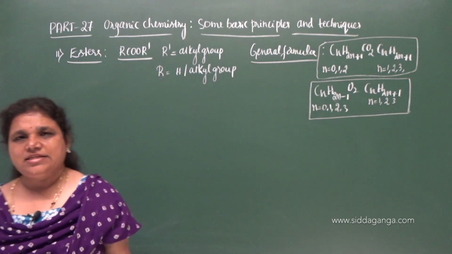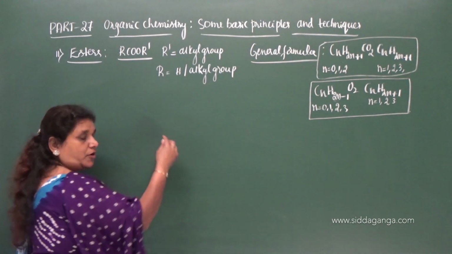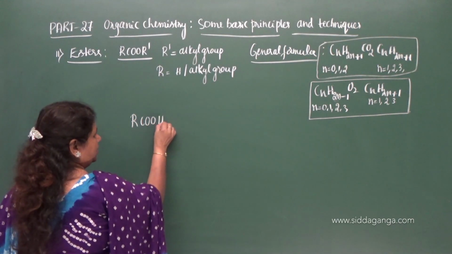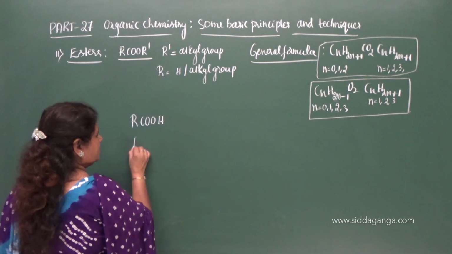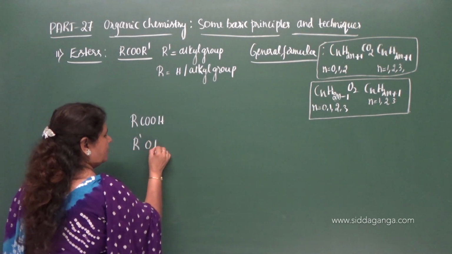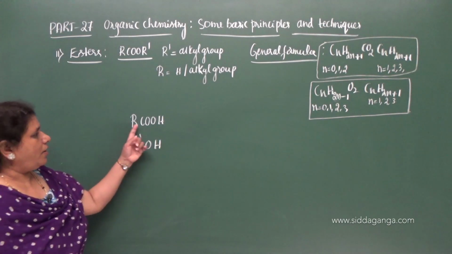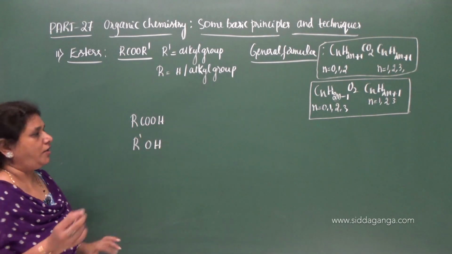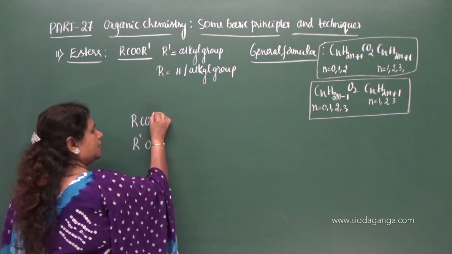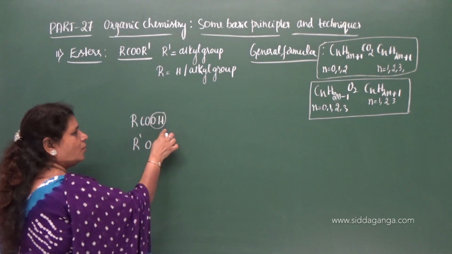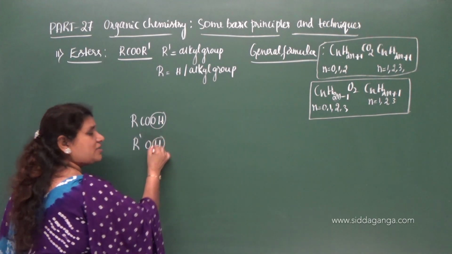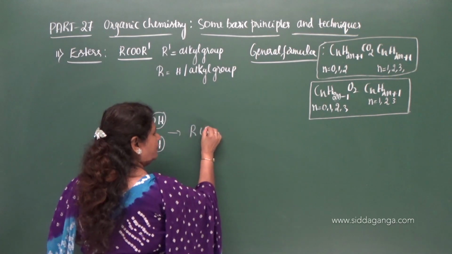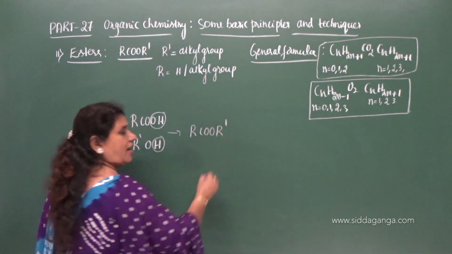Now, what are these esters? Esters are the products of the reaction between a carboxylic acid and an alcohol. In this reaction, the OH of the acid and the H of the alcohol react, and it results in the formation of RCOOR dash.